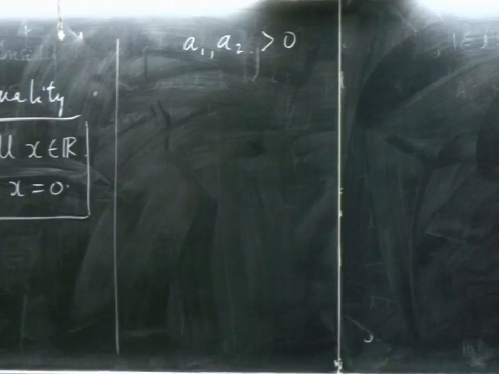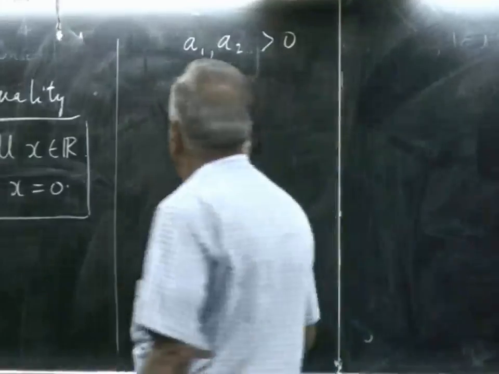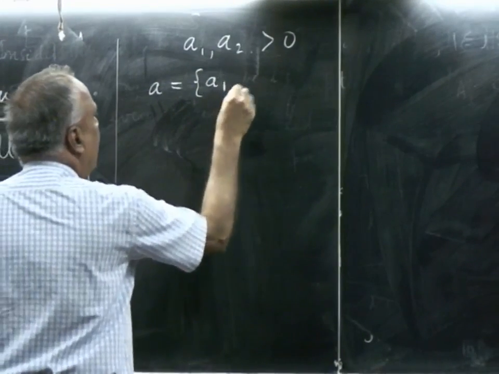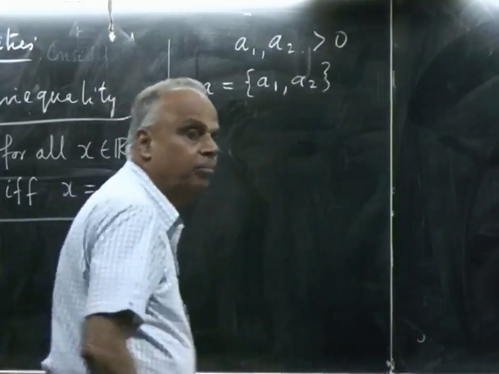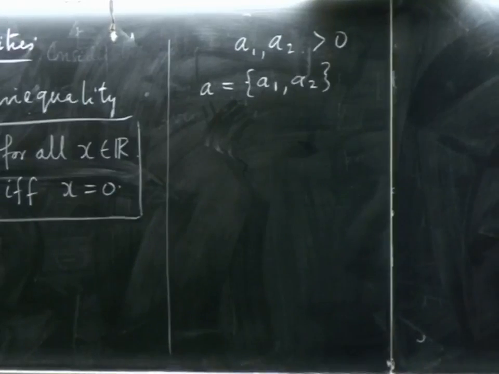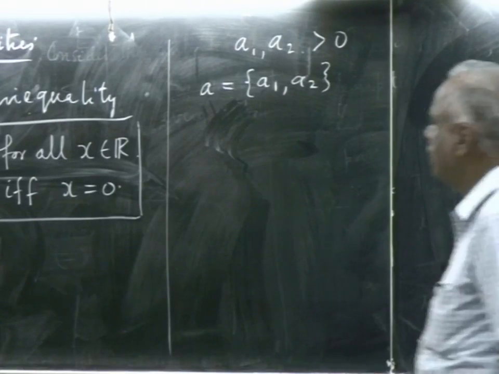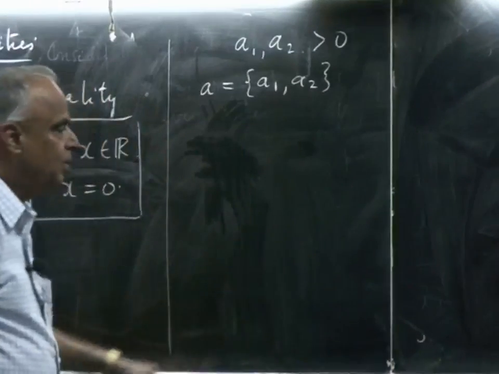We will see what happens if any one of them is 0. For notational purposes, I will call the pair a1, a2 as a. A pair of elements, they are real numbers greater than 0.